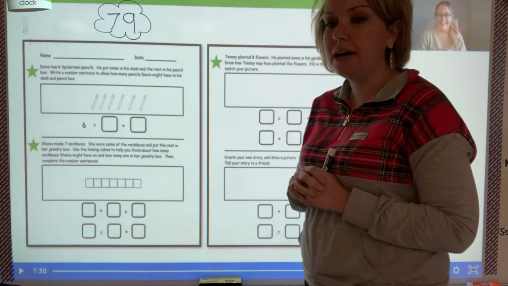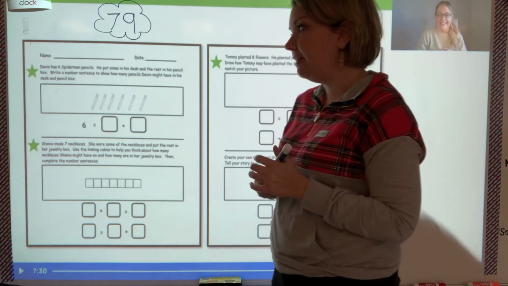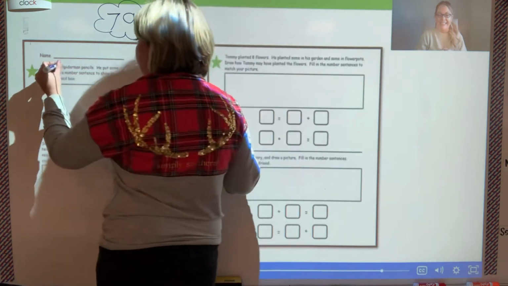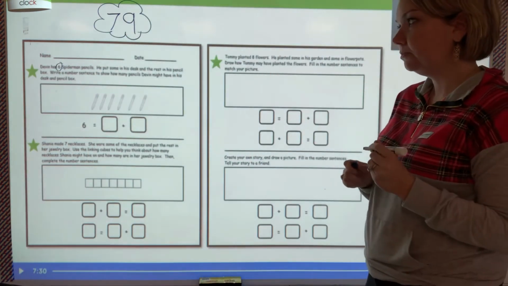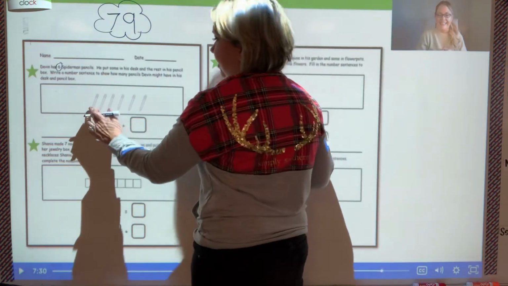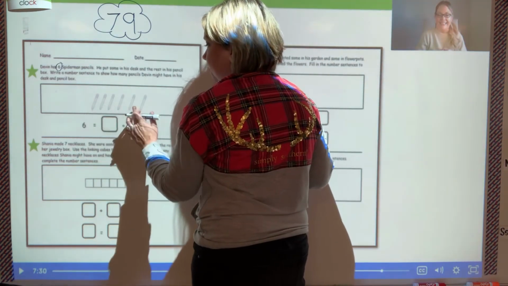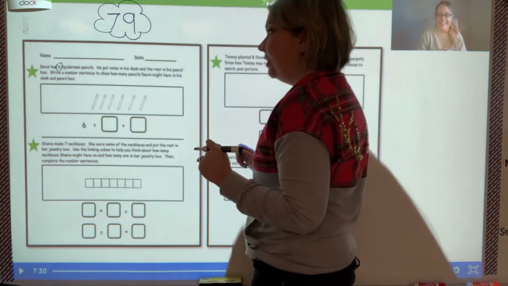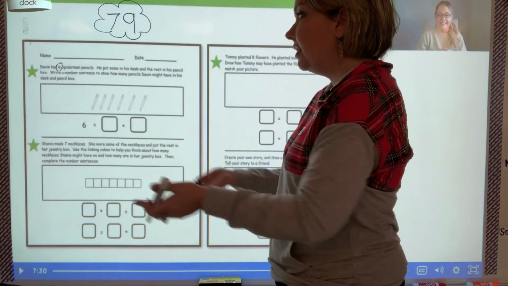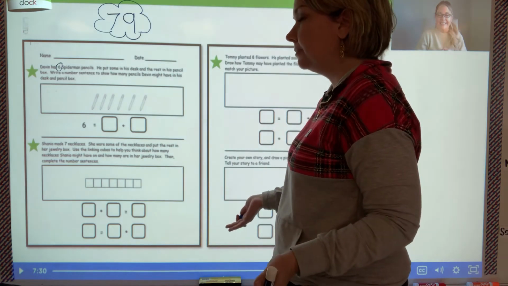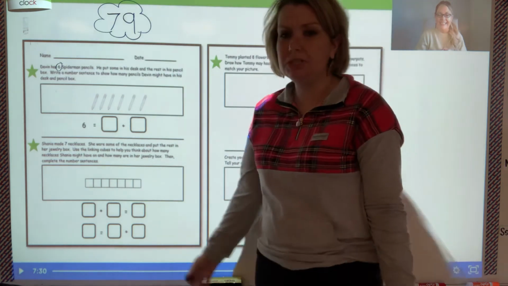Okay, I'm going to take that one sentence at a time. Devin has 6 Spider-Man pencils. 6 must be my whole. Look, I've got 6 pencils down here. 1, 2, 3, 4, 5, 6. He puts some in his desk and the rest in his pencil box. I don't have a number to circle.